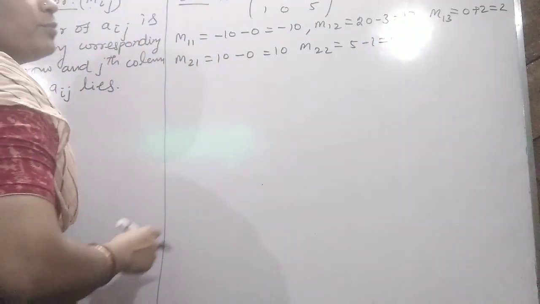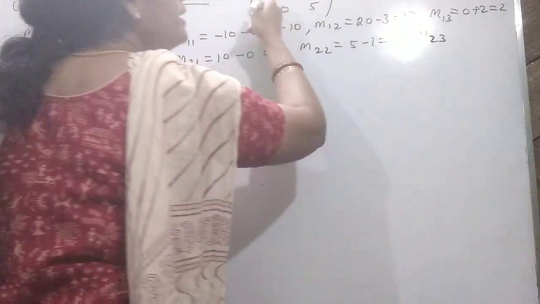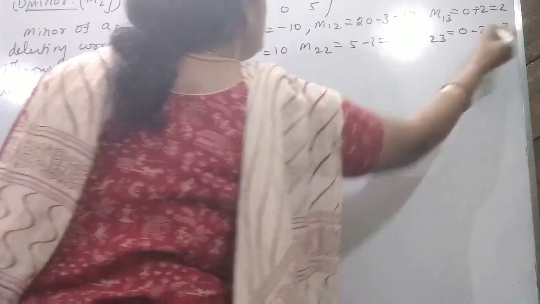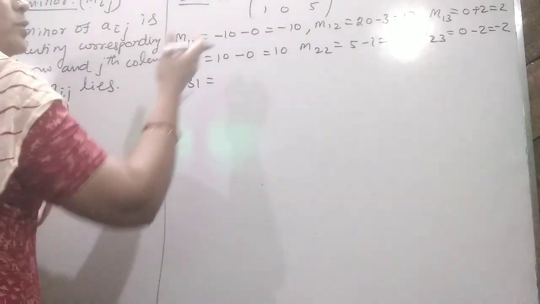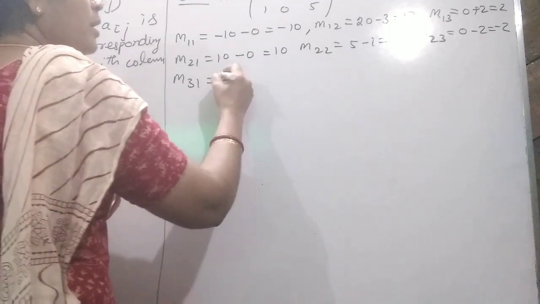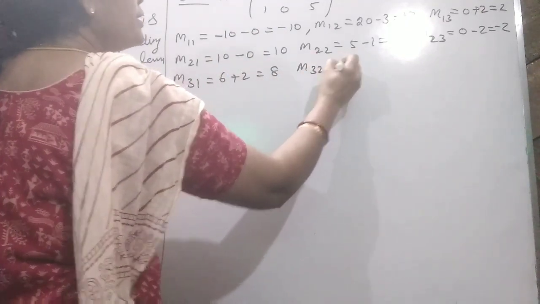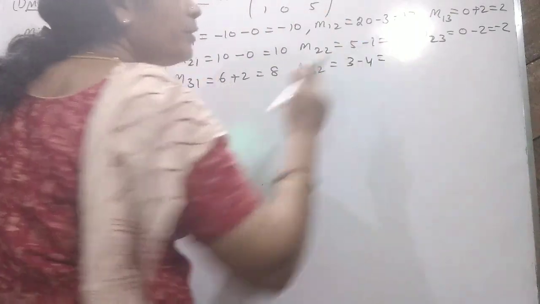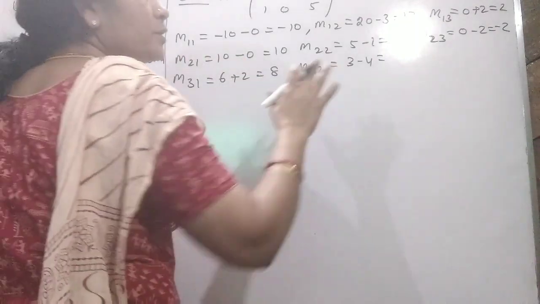If I make any calculation mistake, immediately tell me. Then M23, delete second row, third column, we get 0 minus 2, equal to minus 2. Similarly, for third row, first column, delete third row and first column. Now 6 plus 2, that is equal to 8. Then M32, third row, second column, that is 3 minus 4, that is minus 1. A 6-mark question will definitely come, this is basic knowledge for a 6-mark question.